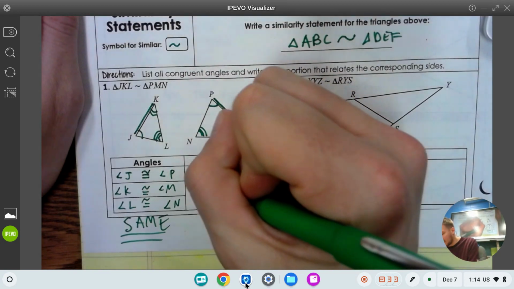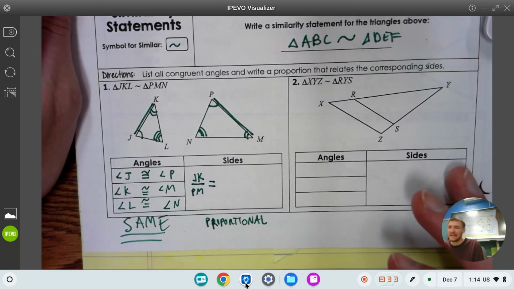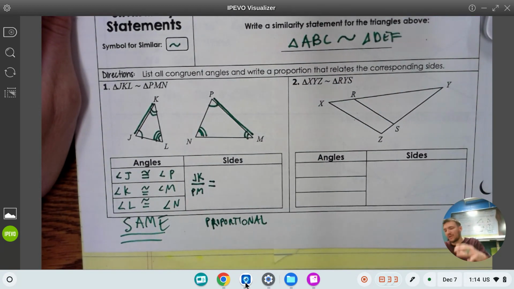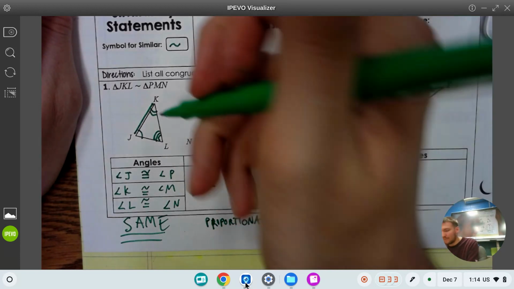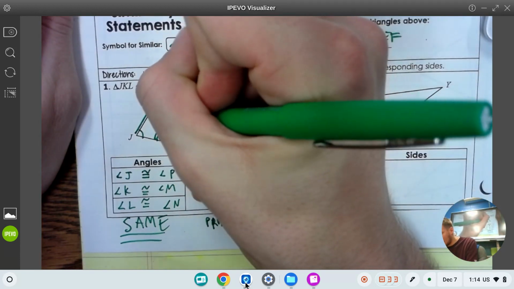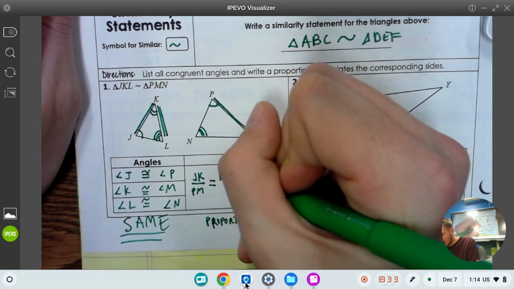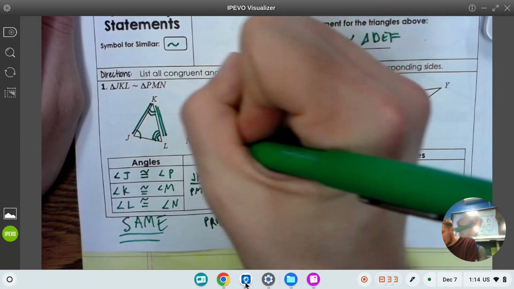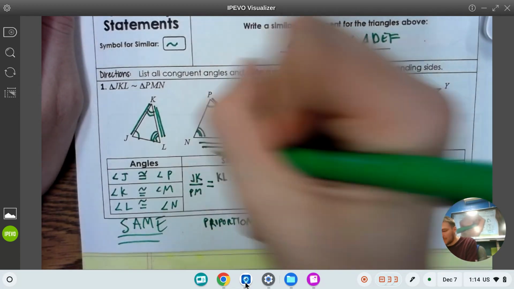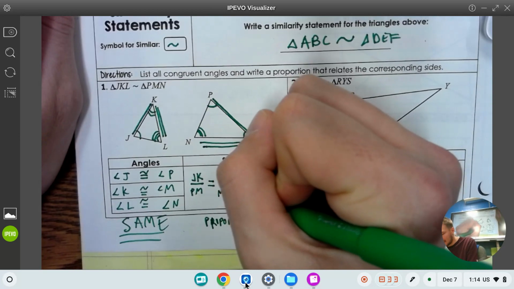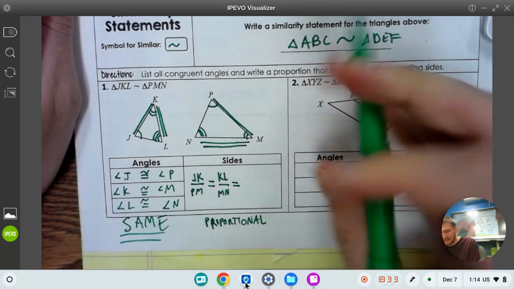And that ratio is going to be exactly the same as all the corresponding sides. So if we look second at the KL side, that's going to be proportional with the MN side. I know this looks a little crazy, but there you go.